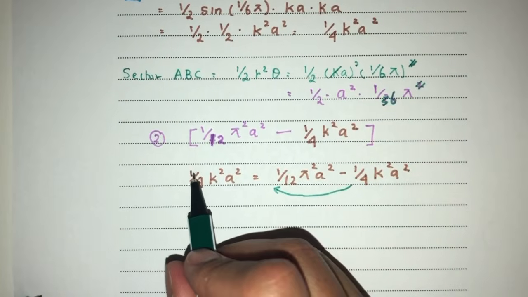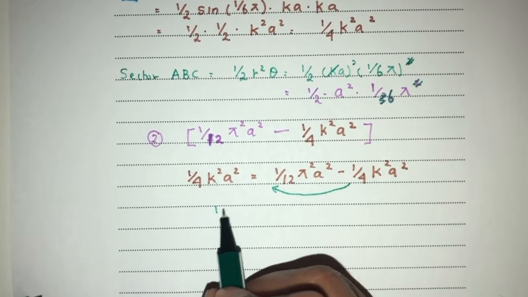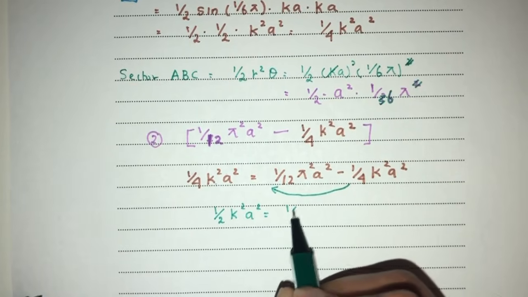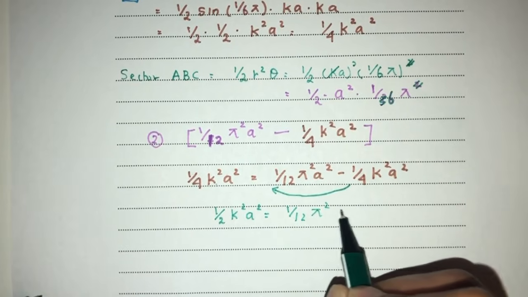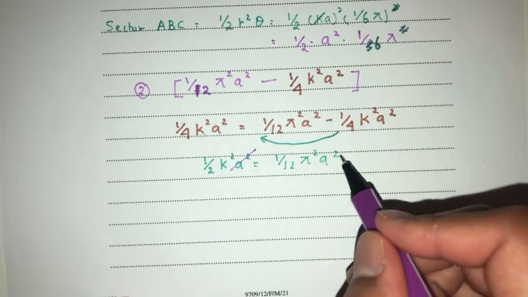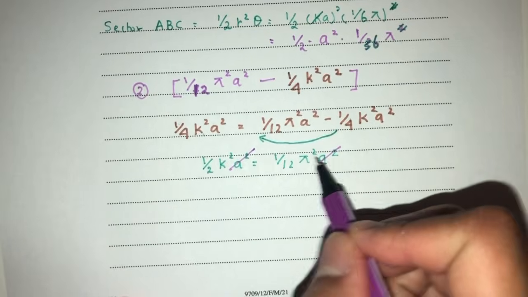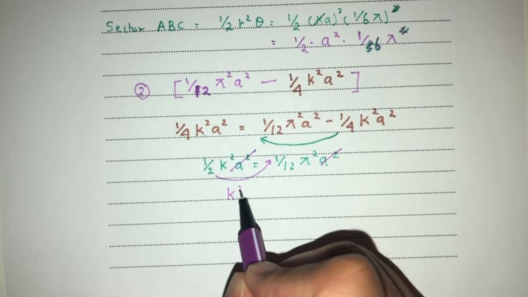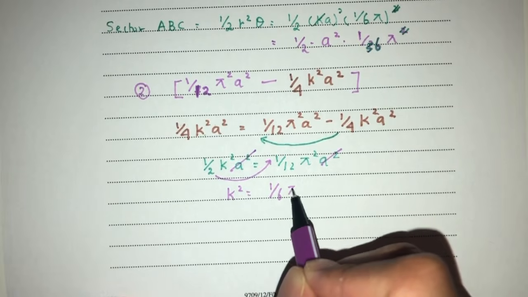You will have 1 over 2 K square A square equal to 1 over 12 pi square A square. Now as you can see, A square will cancel on both sides, and we can just send 2 over here. That'll become K square equals 1 over 6 pi square.